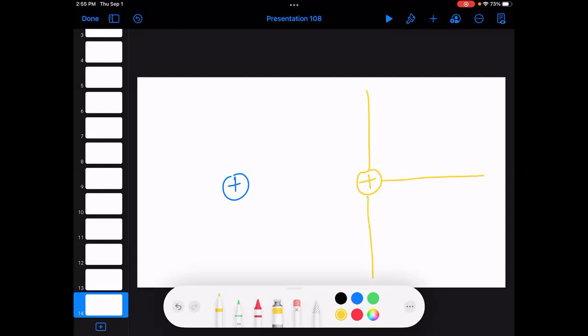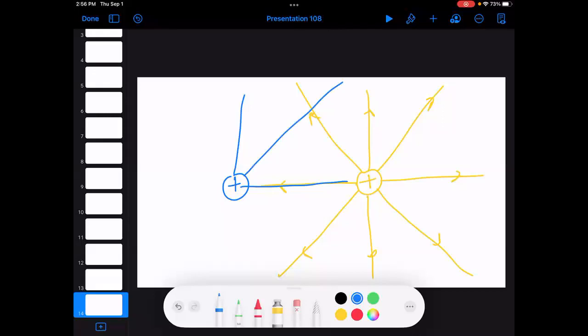And so again, I'm going to start the same way, because a single charge always puts out the same sort of field, this completely symmetric radial field.